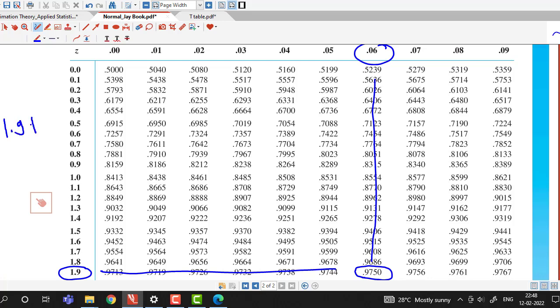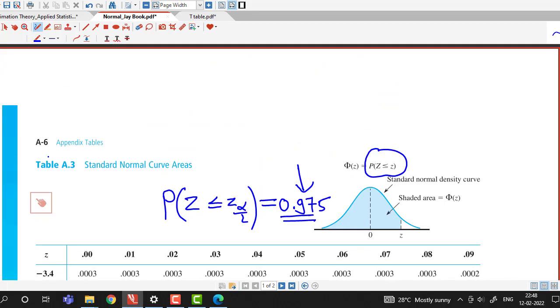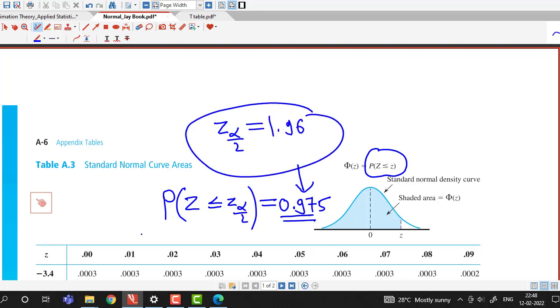That means we add 1.9 and 0.06, so the value of Z will be 1.96. So the value of Z for which we obtain 0.975 is 1.96 from the standard normal probability table.